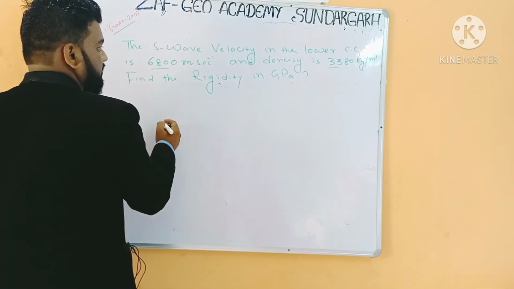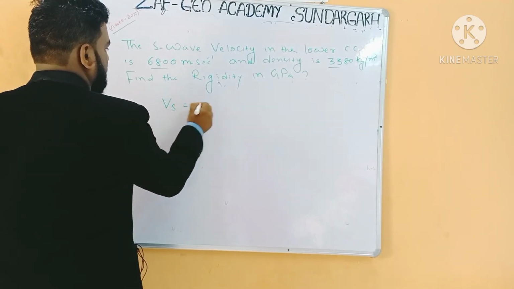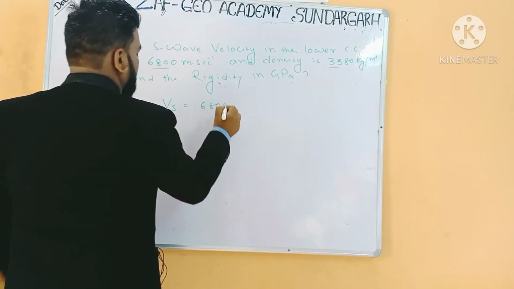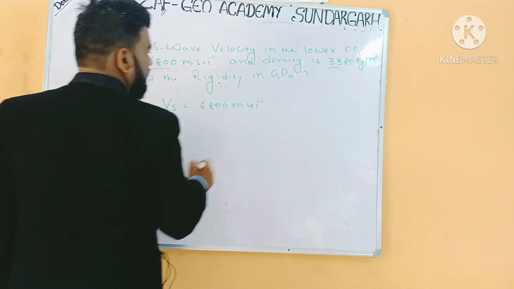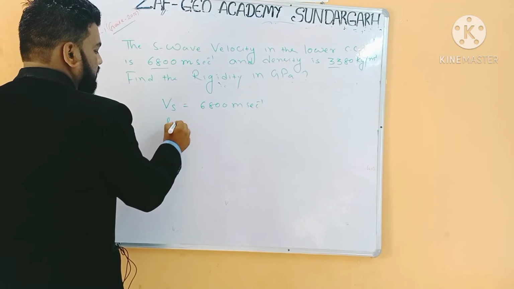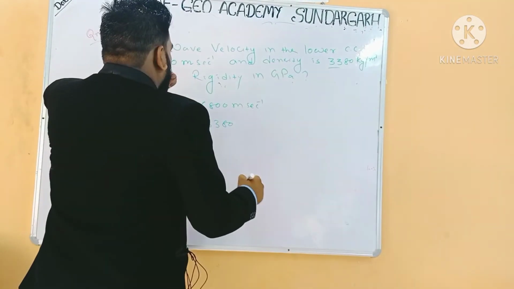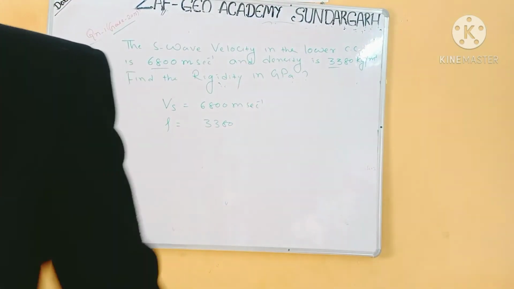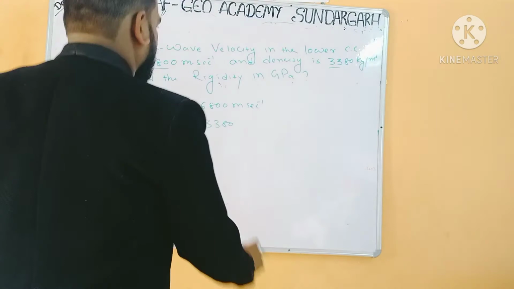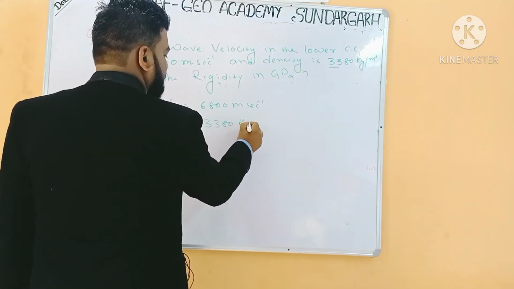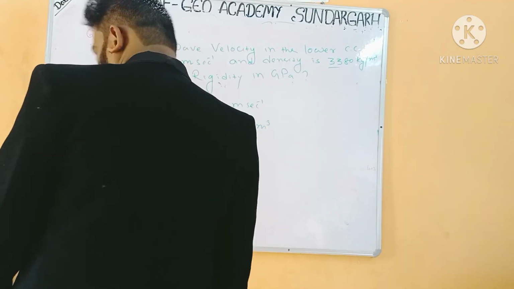The data given is the velocity of the S wave, 6800 meters per second, and the density rho, 3380 kg per meter cube, and he is asking about the rigidity.